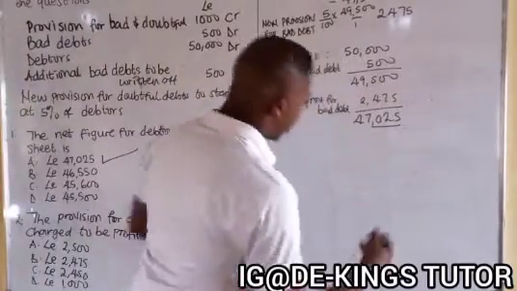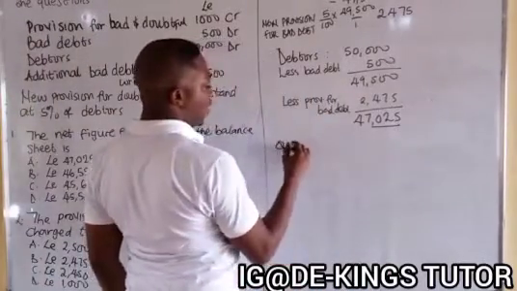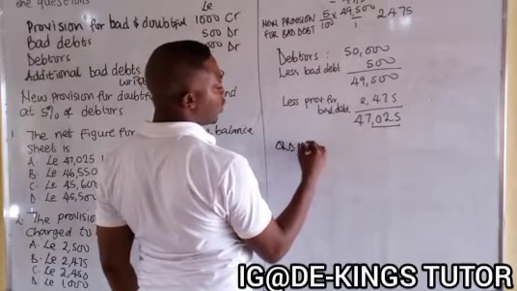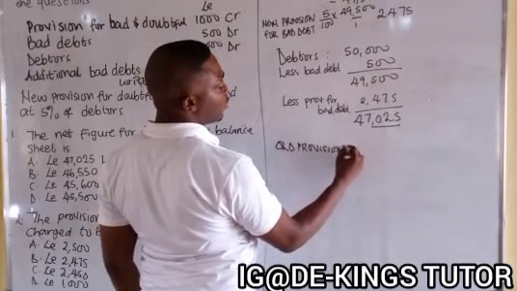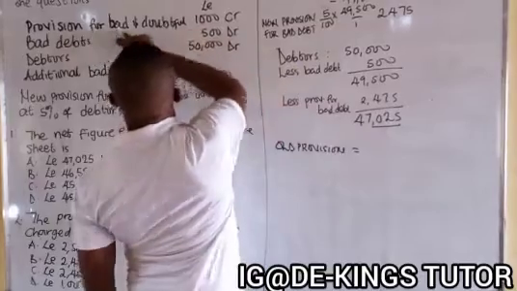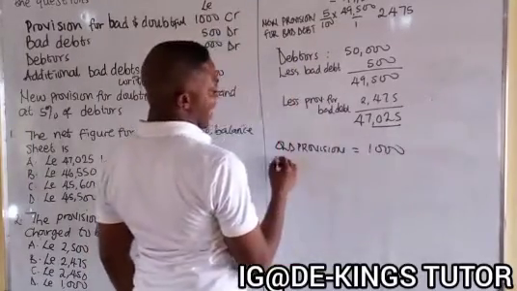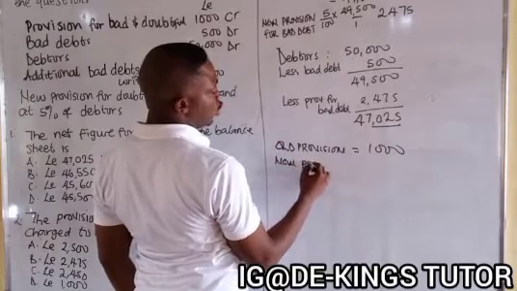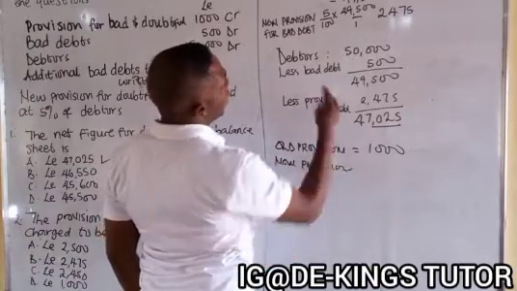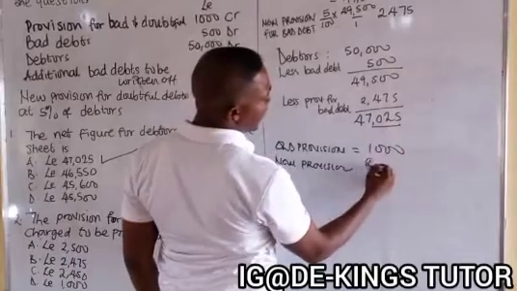Now watch. If you watch here, we have the old provision for bad debt, 1,000. It's already there. Now the new provision is 2,475.